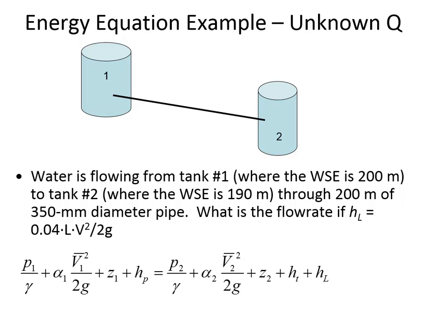Okay, so we're applying the energy equation, which says that we've got a pressure head term, alpha 1 V1 squared divided by 2G, the velocity head term for 1, elevation at 1, pump head, pressure head at 2, kinetic energy correction factor at 2, velocity at 2 squared divided by 2G, elevation head, turbine head, and head loss.